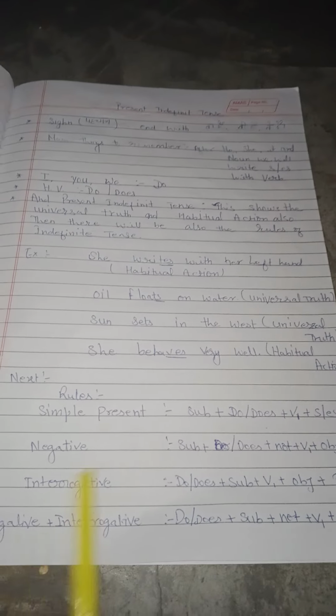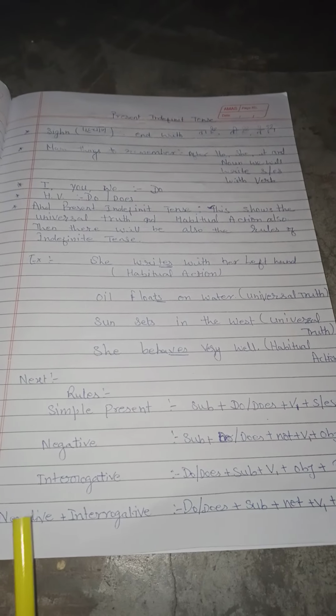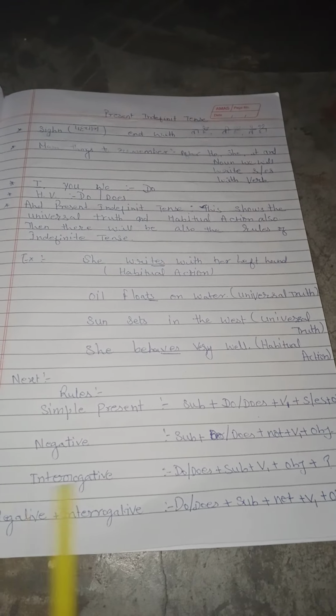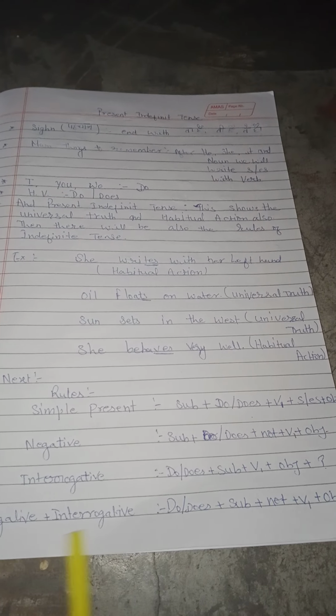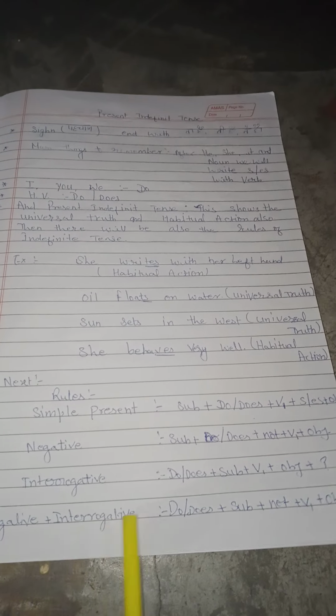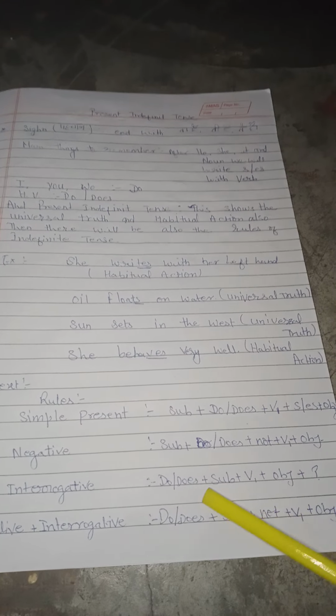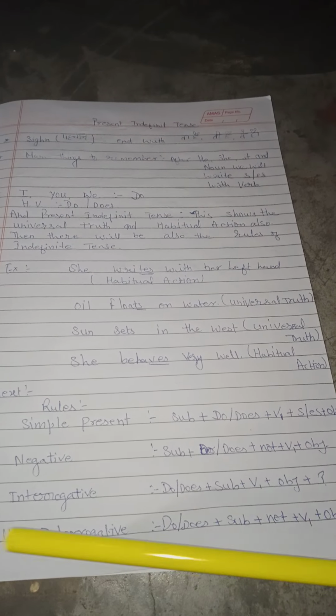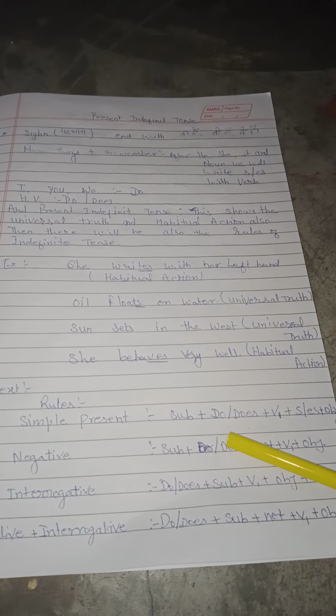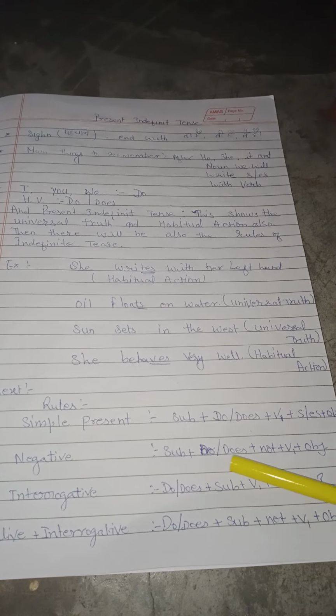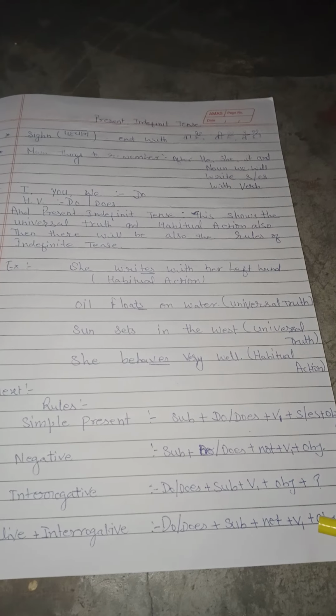Next, I have the fourth one: the negative and interrogative sentence, both added together. For the negative and interrogative sentence, not plus do or does will also be in this sentence.